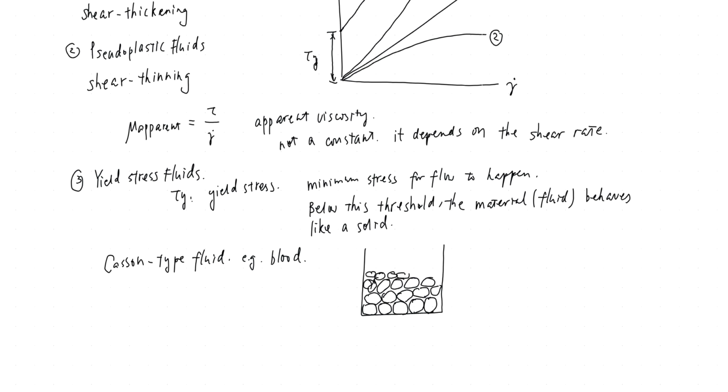And those are aggregated, and they don't move easily if the stress on this block of red blood cells is below the yield stress. So if the stress is less than the yield stress, then this chunk of red blood cells behaves like a solid. It's not going to move. Only when your stress is larger than the yield stress does it start to move.